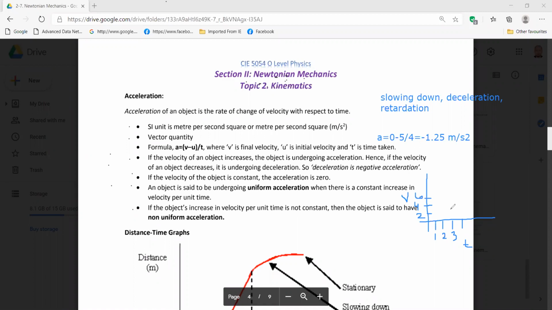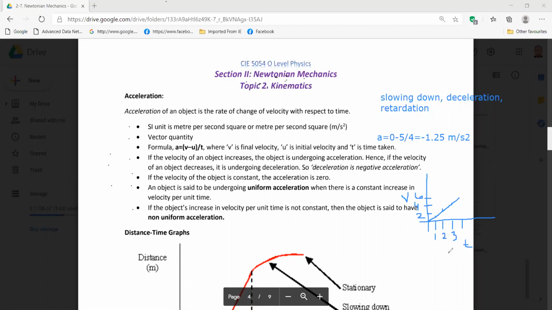Every second the velocity is increasing by 2 meter per second. If you plot this graph, we'll get a straight line like this. If you join all these points, you'll get a straight line. For this type of graph, we get uniform acceleration.